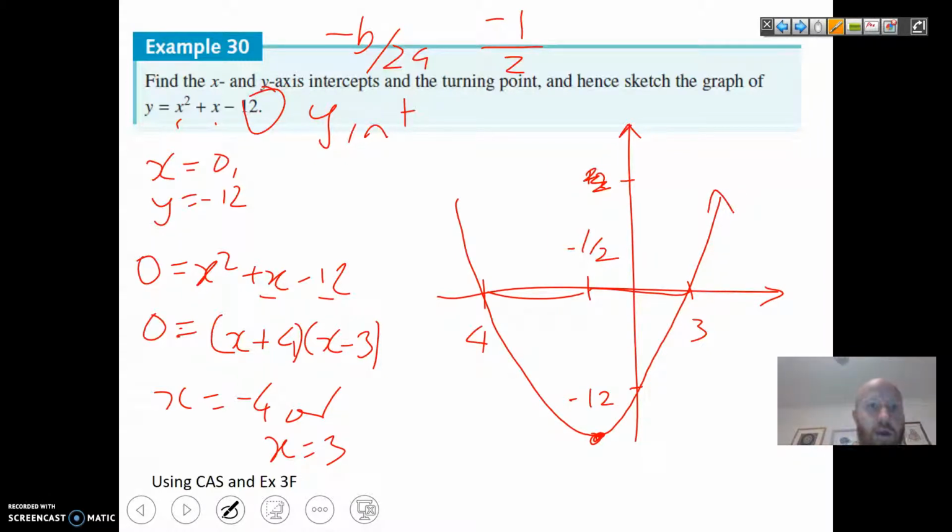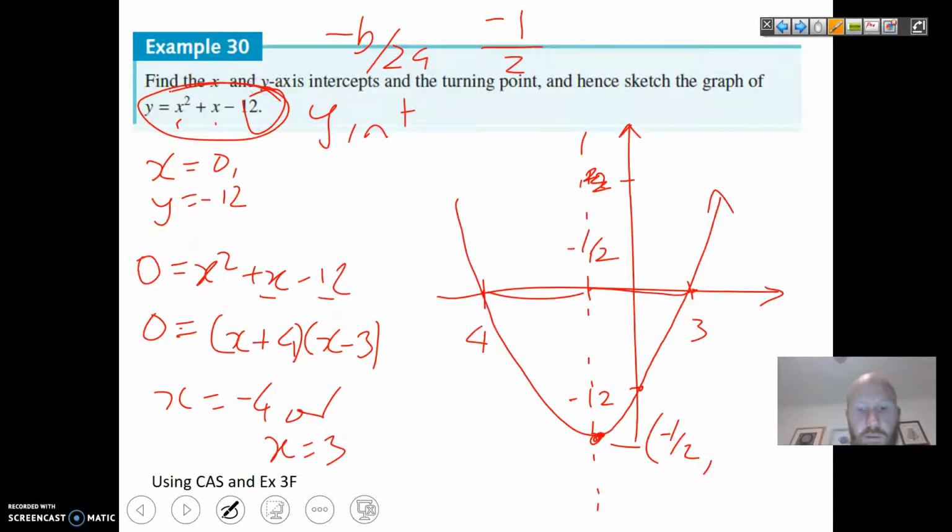So we need to take a half and put it into the equation. We've got our intercepts. We've got our axis of symmetry is there, but we don't know what the y value of this turning point is. We know that its x value is negative a half. You want to know y values?